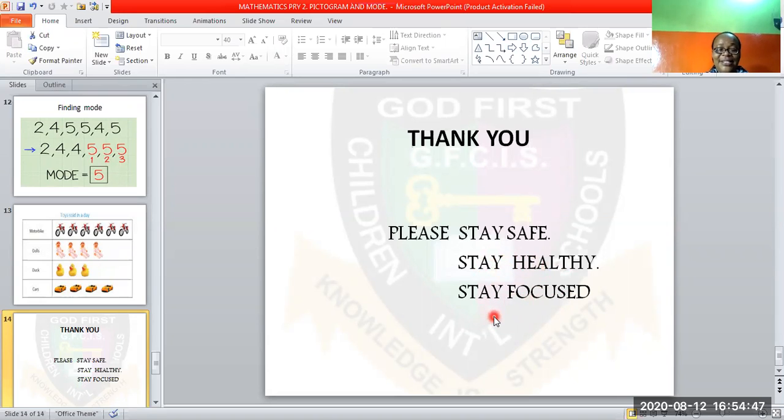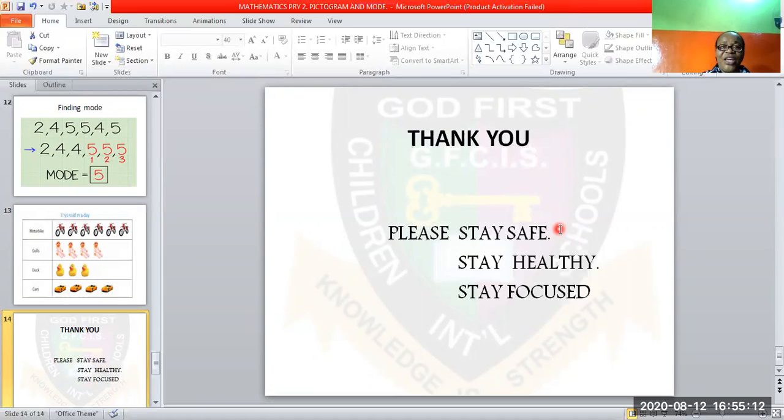To come out the best, you must pay absolute attention and stay focused on your academics. Stay safe. Maintain social distance. Wash your hands regularly. Sanitize your hands. Wear your face mask. It is our social responsibility.